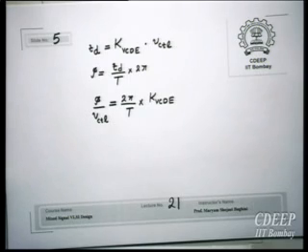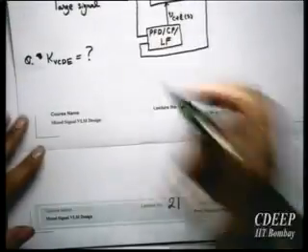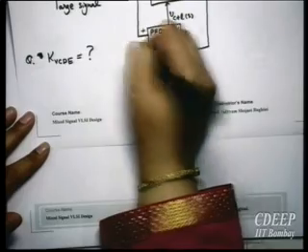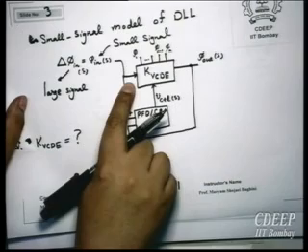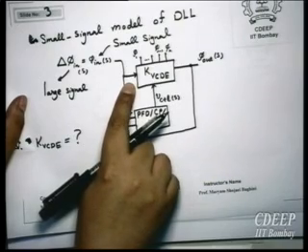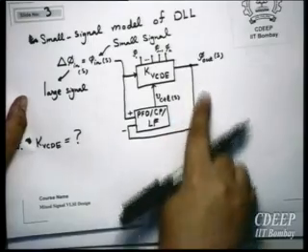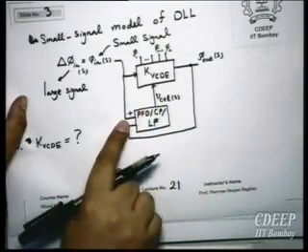It takes time. Anyway, this is the input phase, this is the output phase, and this is a negative feedback, and then we have the transfer function. This is just a reference frequency, so it doesn't play any role in the calculations. So the loop is like that, and this is the input phase.